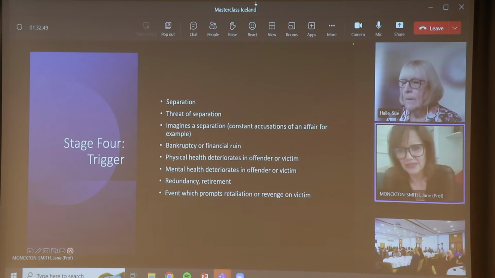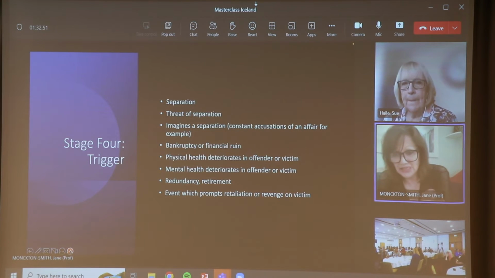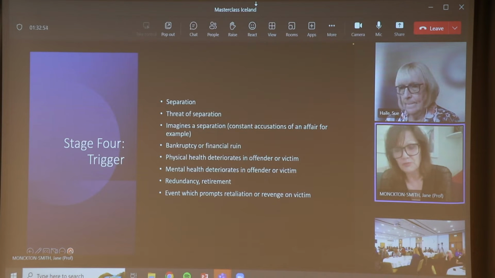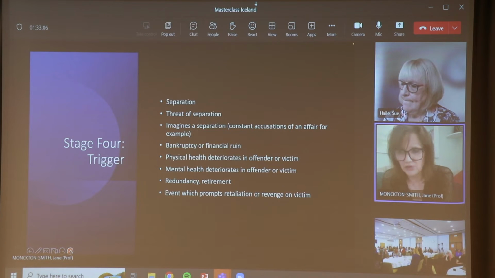So they were killing their abuser. But that does leave a proportion of female killers of their partners not responding to domestic abuse, and them being the abusers themselves. And we have looked at those cases too.